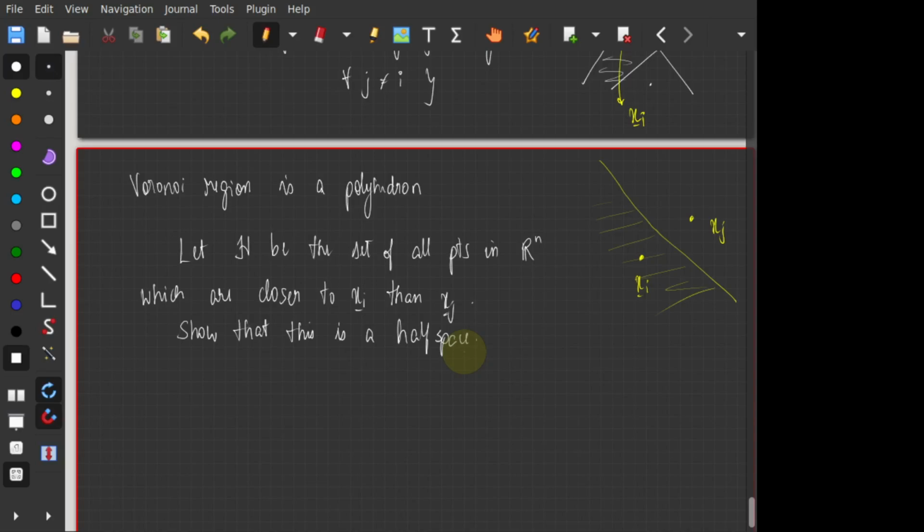Just try using the definition of h. Here will be xi vector minus x, norm of x squared minus norm of x squared by 2. The midpoint of these two should lie in the hyperplane.